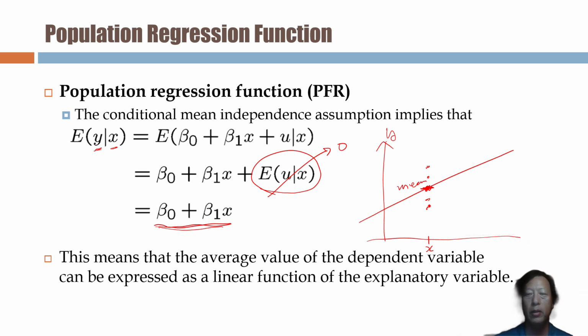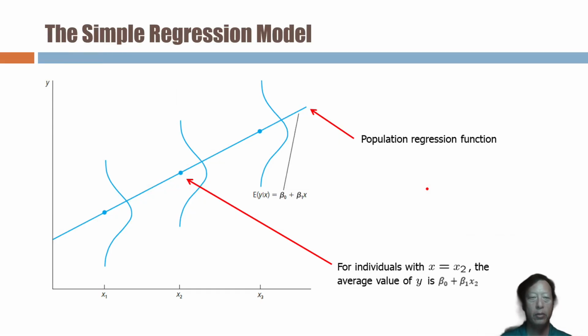It can have some kind of distribution, but the mean should be on the line. So we are trying to find the regression line that will give you the mean value of y for given x. So we want to predict the mean value, and then draw the straight line here. This is the population regression function.